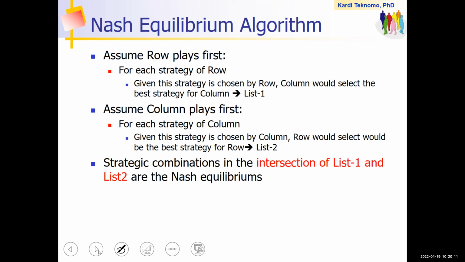Okay, after that you assume column will play first. Now for each strategy of the column, again, given this strategy chosen by the column, the row will select the best strategy for row. And then let's name this list 2. Okay, and the Nash equilibrium is the intersection of list 1 and list 2. Okay, let's try.